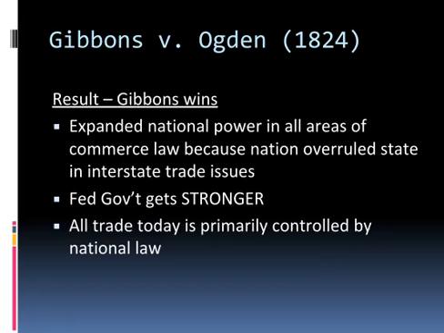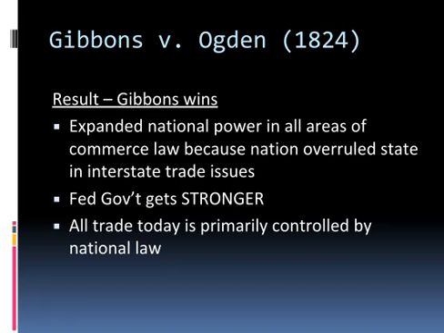If you have a crystal ball or are fairly intuitive, you can probably figure out how this case goes down. Gibbons wins. Gibbons wins because he has a federal license, right? And because the steamboat ferry is running between two states across a river, the federal government is able to use the Commerce Clause to justify their overruling of New York State's license.